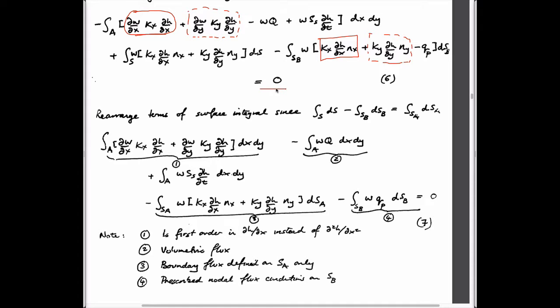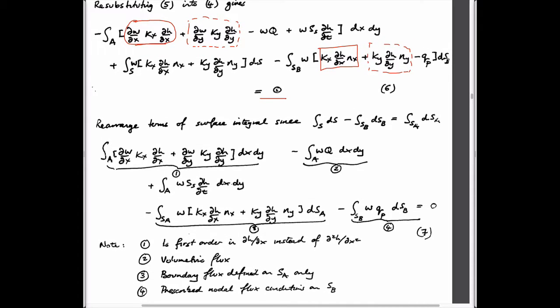What else? Well, we could also try simplifying it. We could write out that the integral over the entire surface has to equal the integral over SA plus the integral over SB. This is true.